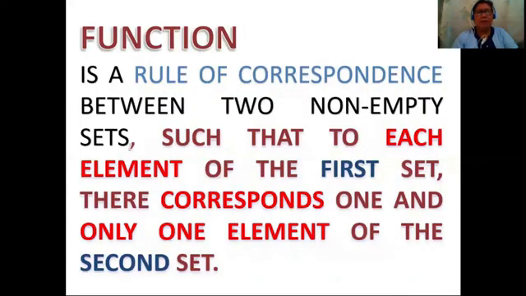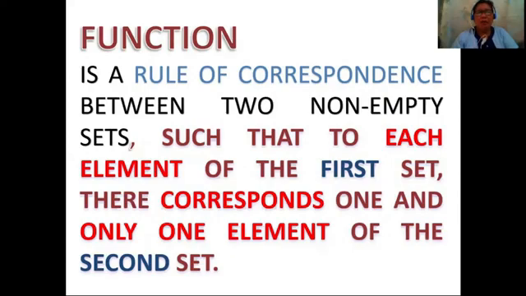Now, a function is also a rule of correspondence between 2 non-empty sets, such that to each element of the first set, there corresponds one and only one element of the second set.